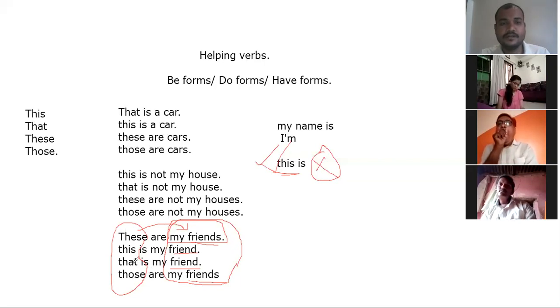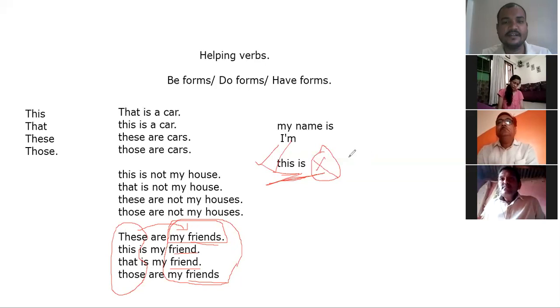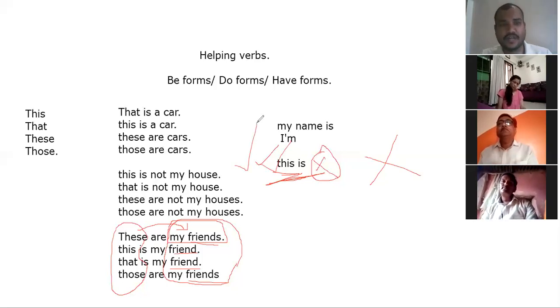Okay? So there is a small difference. Sometimes we will give some exceptions. So this is how we can understand. If you use this face to face, it is wrong. If you use the same thing on the phone, that is correct. Right? So this is how we are supposed to understand the English language. Is it clear?